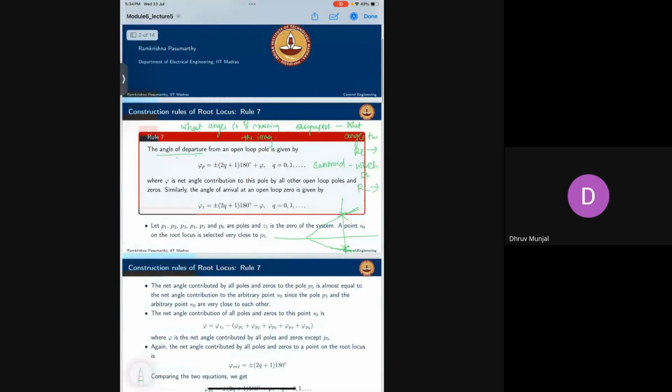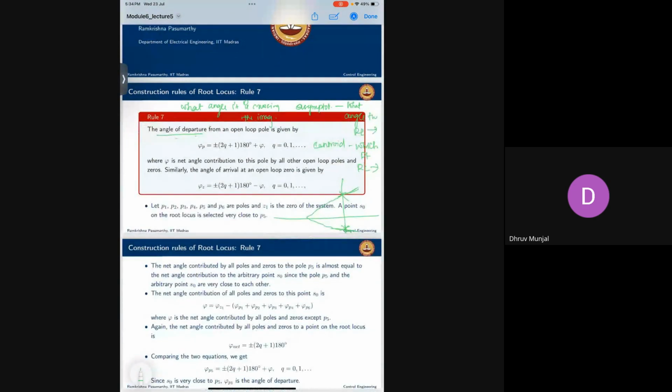Ma'am, one doubt. What is this Q, and on what basis do we take it as 0, 1 or 2? This is like the asymptote only, no? It's the number of poles you are calculating. For example, if you have 3 poles and 1 zero, the difference is 2, so Q will be 0, 1. It starts from 0.